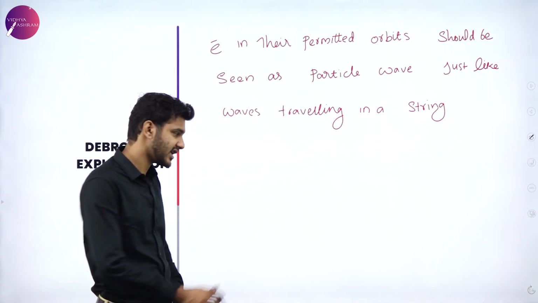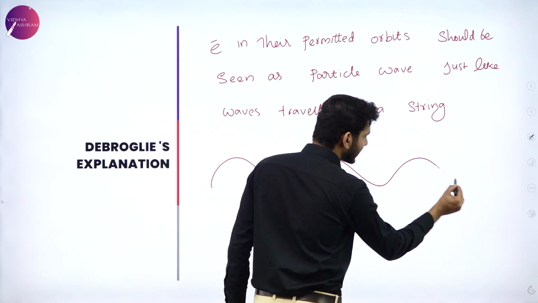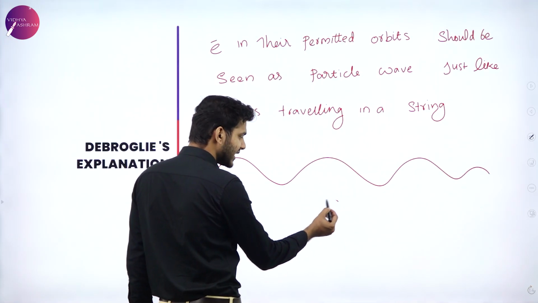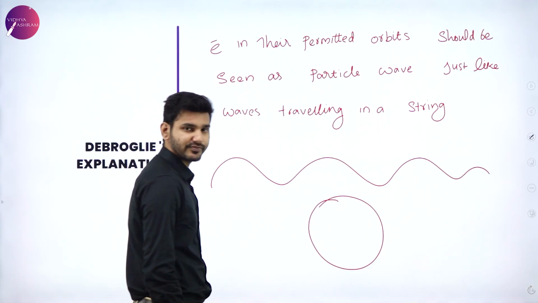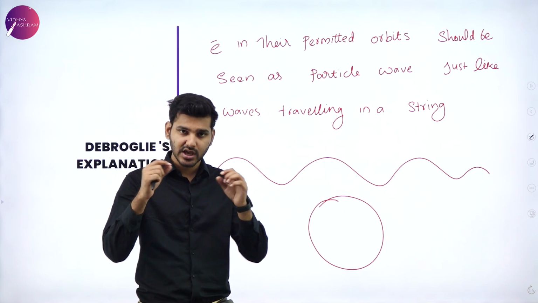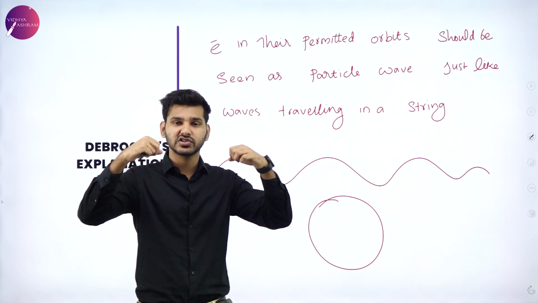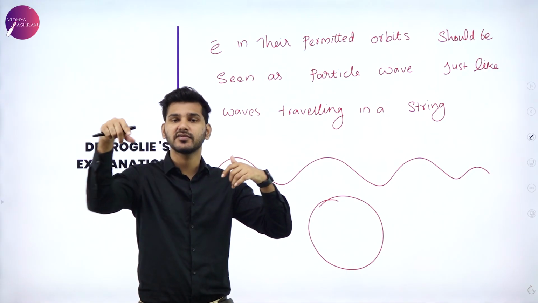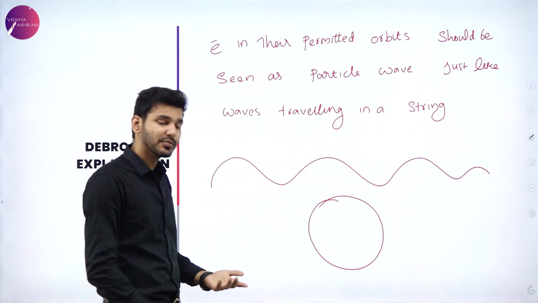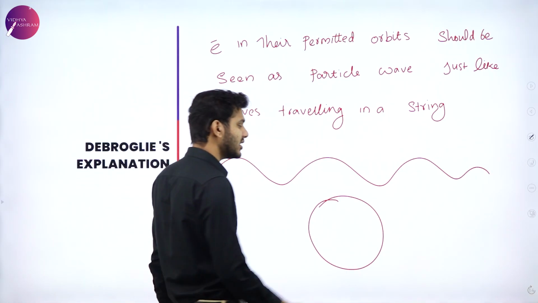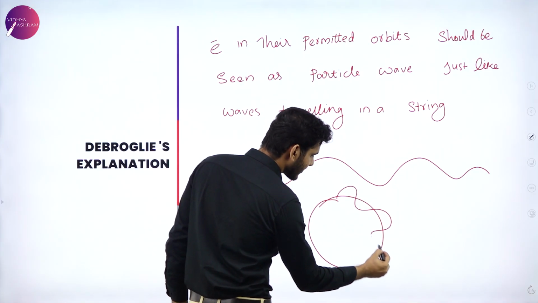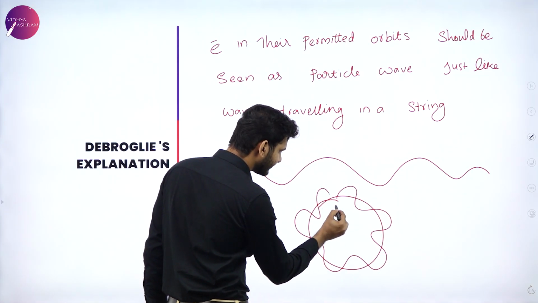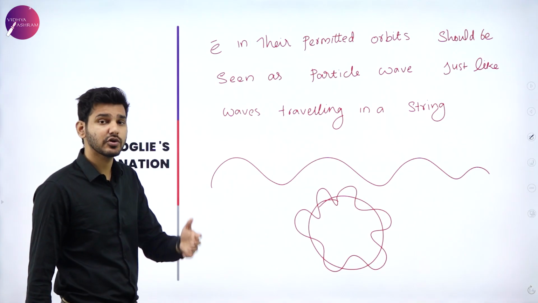The only difference is that instead of the wave going like this, the wave is going to be expressed in a closed loop. That is, if you take a string, a rubber band maybe even, stretch it and give it a vibration, you can see the waves, right? So depending on the shape of the orbit, we will have waves like this. That is what de Broglie explained.